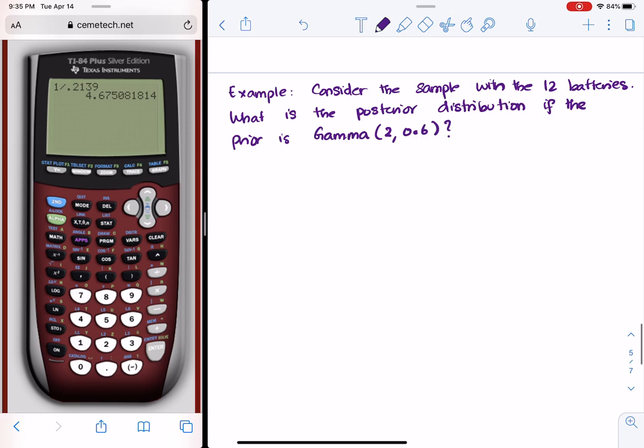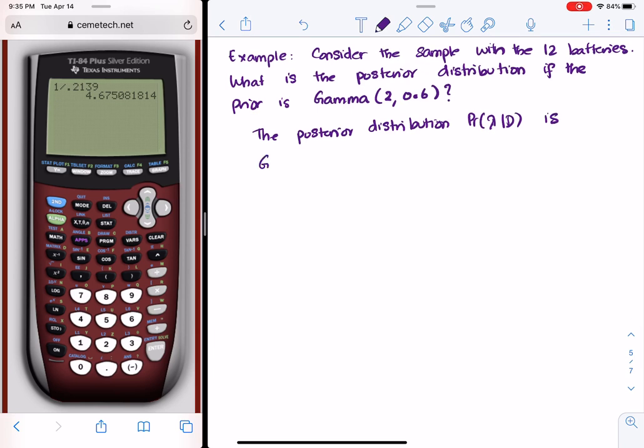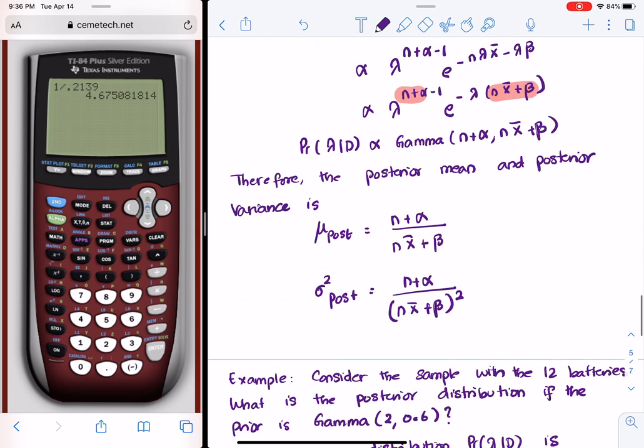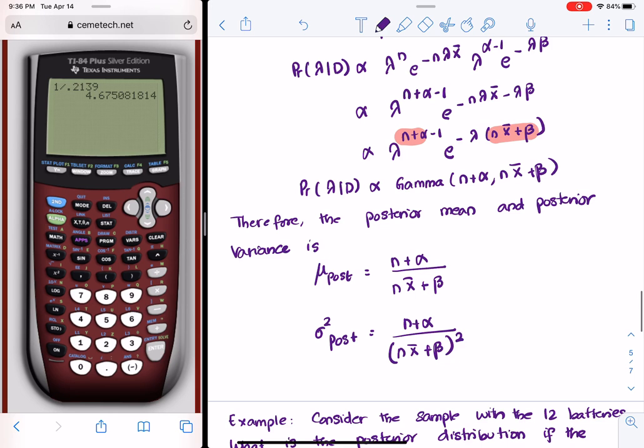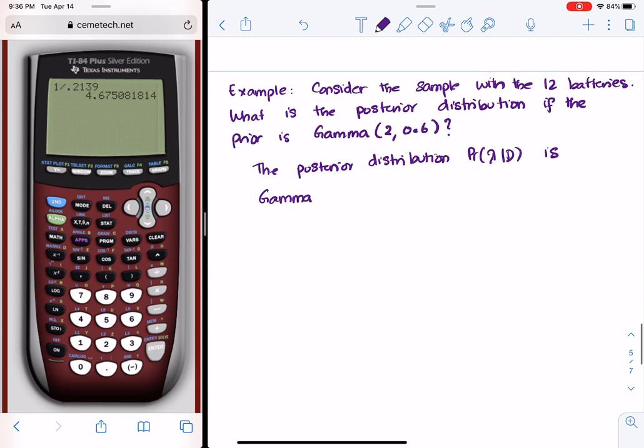So we know the posterior distribution, the probability of lambda given the data, is gamma, and the parameters are n plus alpha and n x bar plus beta.